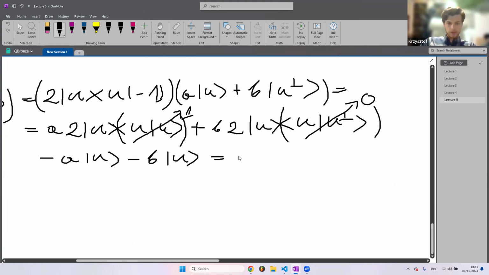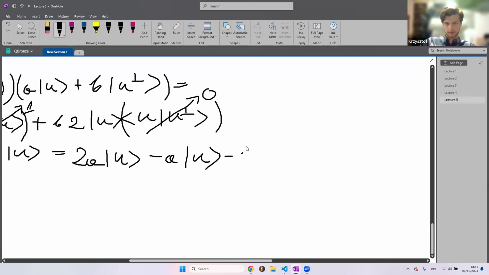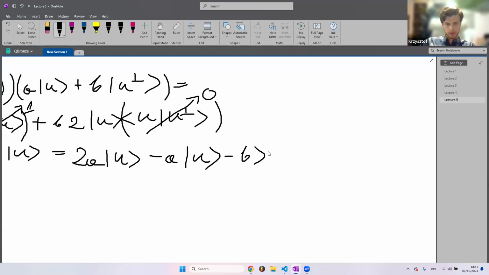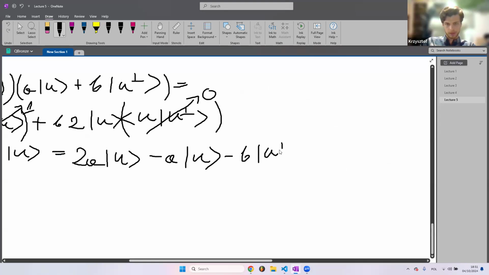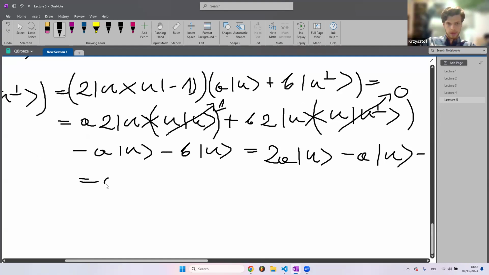So in the end, we have 2a U minus a U minus b U perpendicular, and this simplifies to a U minus b U perpendicular.